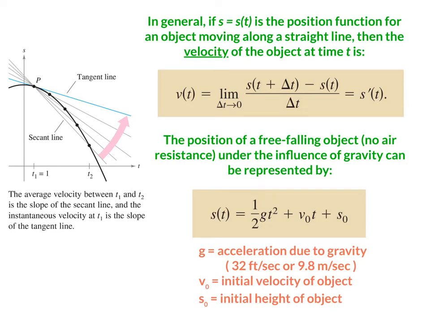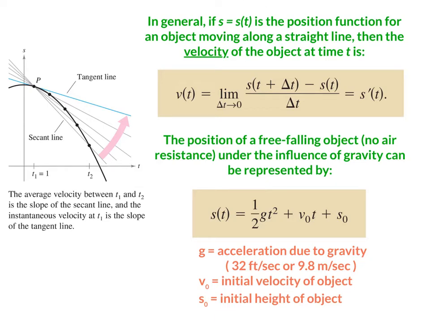Then the velocity at time t, remember at that instant, is going to be this definition here. You see that we've introduced the limit as delta t approaches 0. That means that the time between our intervals is nothing, so it's instantaneous. And we're using that same definition that we had before, and if you look, that's actually the derivative of our original s position function.